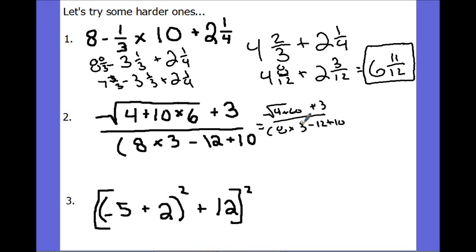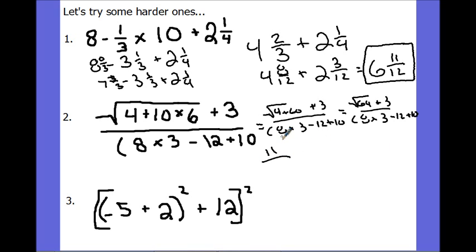Sorry, I think there was supposed to be a parenthesis around that, but let's go ahead and check and see. So this is square root of 64 plus 3 over something where I must have messed up. Square root of 64 is 8, so then I got 8 plus 3, so I can go ahead and just put an 11 on top.